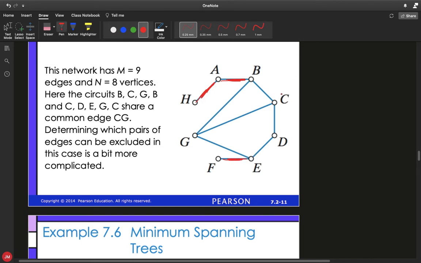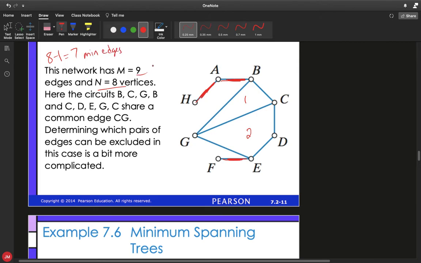What that tells us is that we have a couple of circuits that we need to deal with. In fact, we've got one circuit here and a second circuit here. Now, determining which pair of edges that we can exclude is a little bit more complicated in this case. Notice that again it has 8 vertices. That means that 8 minus 1 tells you we should only have 7 as our minimum number of edges.